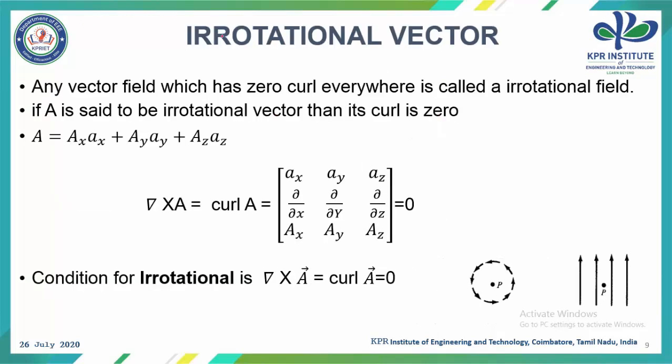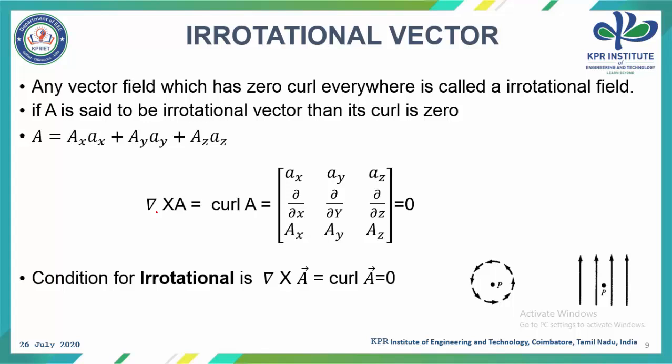Next, irrotational vector. Any vector field which has zero curl anywhere is called an irrotational vector. A vector A is said to be irrotational, then its curl is 0. For example, just consider the vector A in Cartesian coordinates, A equals Ax ax plus Ay ay plus Az az.